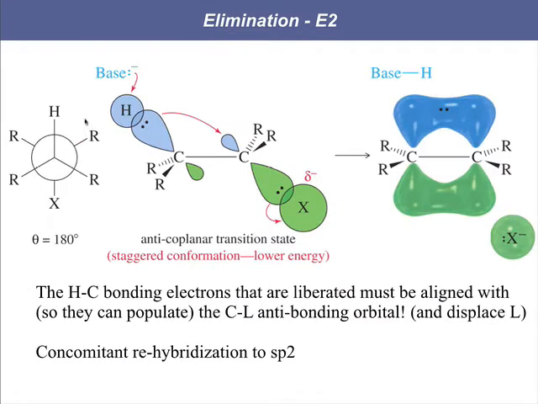Here's our Newman projection. Notice that the hydrogen on the front carbon is anti-coplanar, anti at 180, and in the same plane, you can slice both of them with a knife.